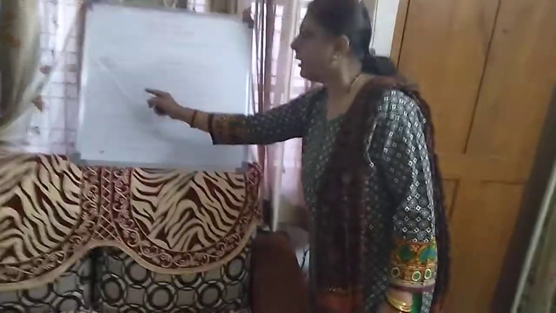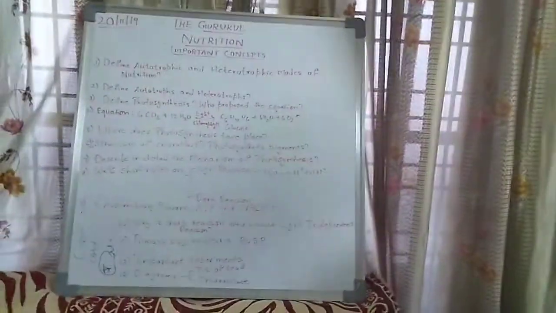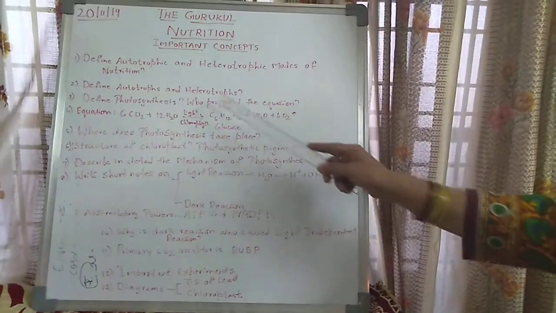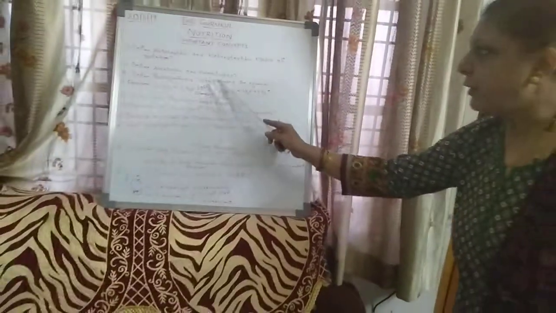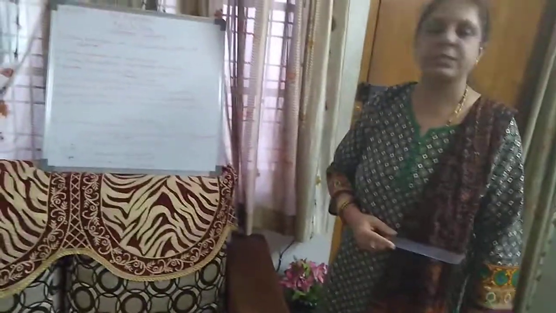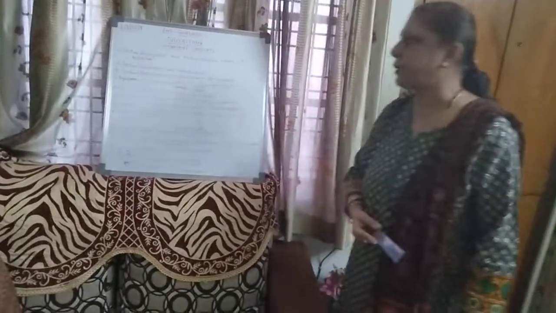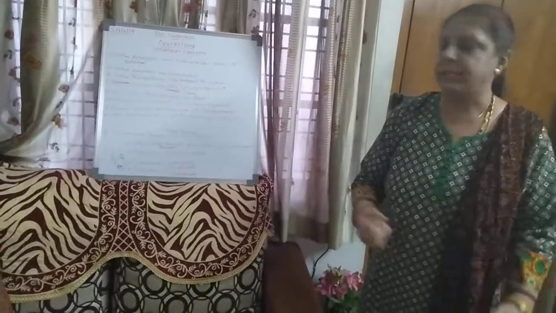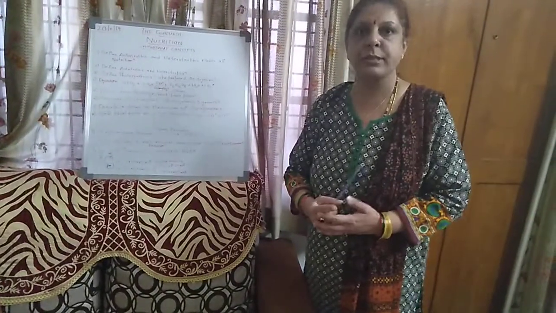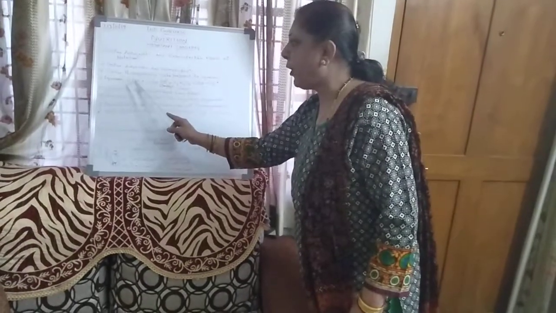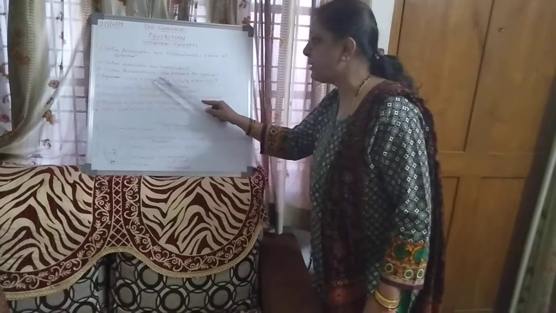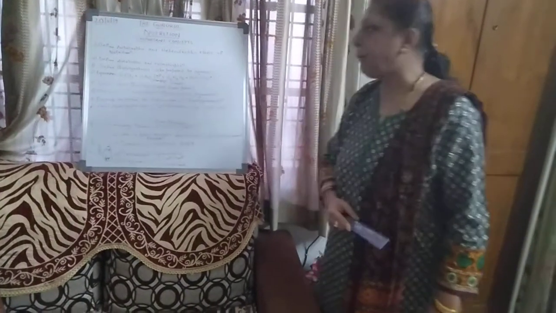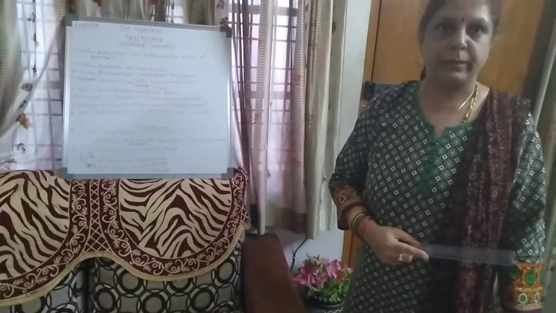Then we have to know what is photosynthesis and who has proposed the equation for photosynthesis. The equation for photosynthesis was proposed by Van Niel. We have to know what is meant by photosynthesis. It is a complex process wherein carbon dioxide is fixed by the green plants in the presence of light and using a pigment called chlorophyll.